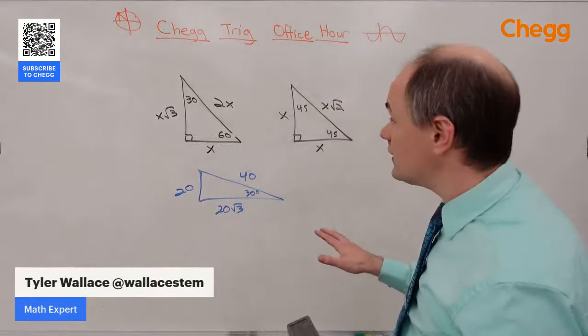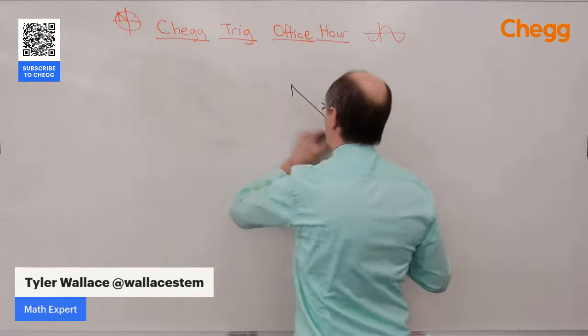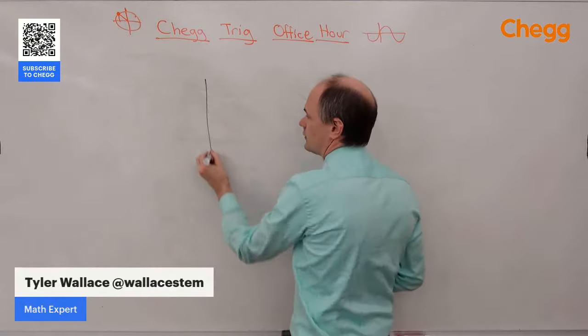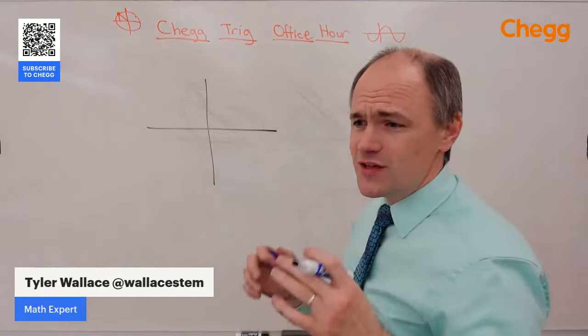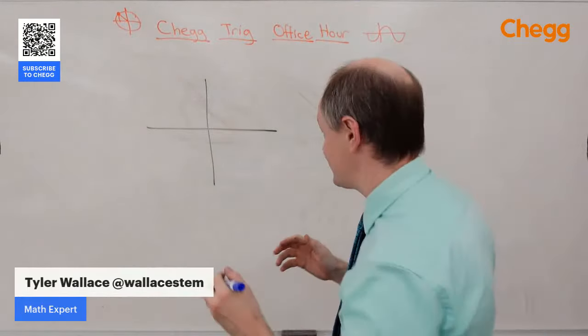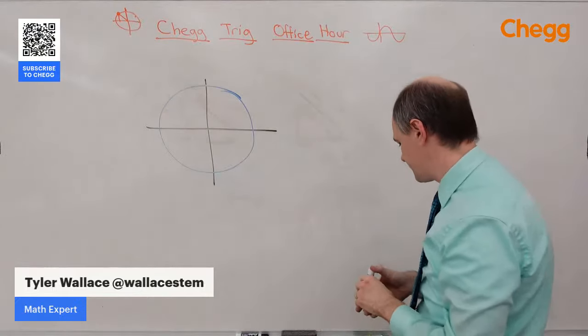Now, what's really cool is this is what actually helps us in trig with the unit circle. So if I've got my unit circle on here, we should play a game where somebody keeps track of how many times I say unit circle in this trig review, because everything in trig is built on the unit circle. I'm saying unit circle all the time.